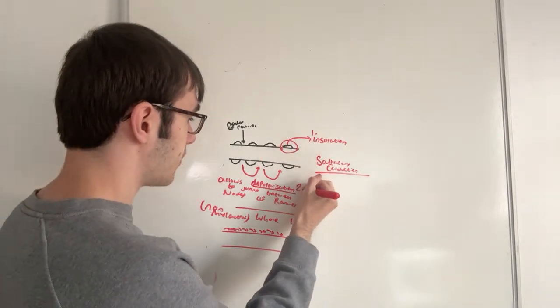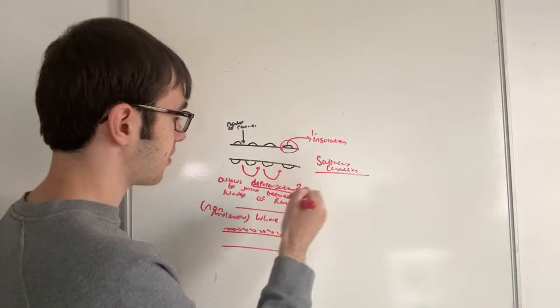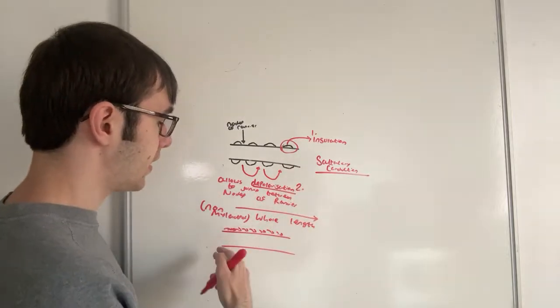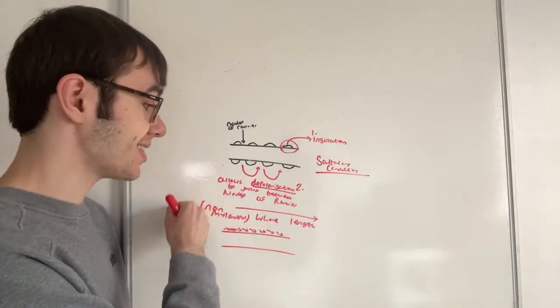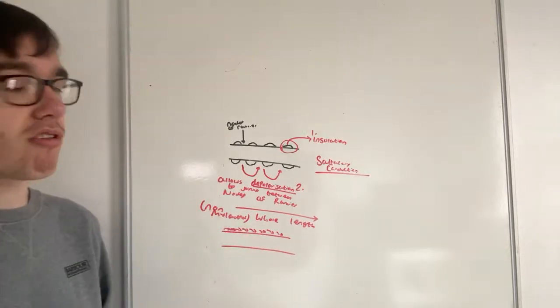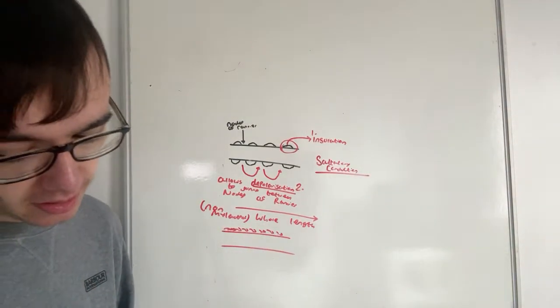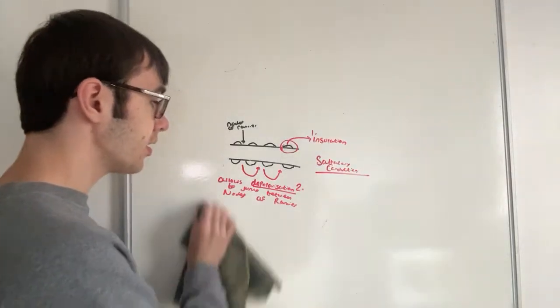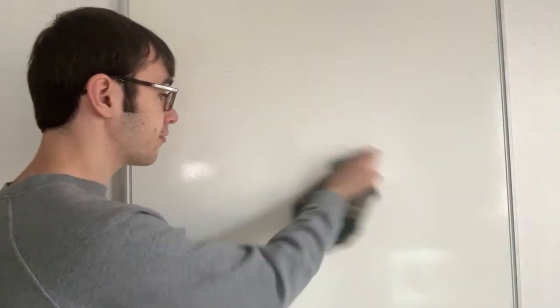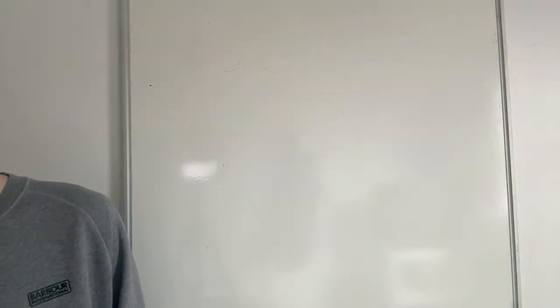It allows depolarization to jump between the nodes of Ranvier, and in non-myelinated, the depolarization has to travel the entire length, which is, of course, time-consuming and inefficient. I like that. I would have gotten a mark, not all of them, but I might have been able to draw a diagram there.